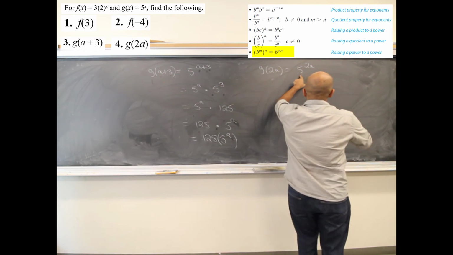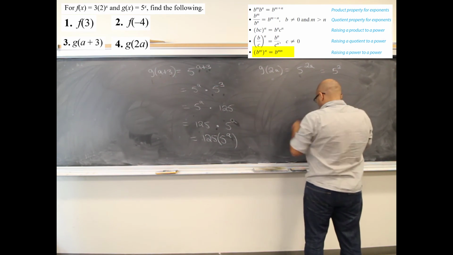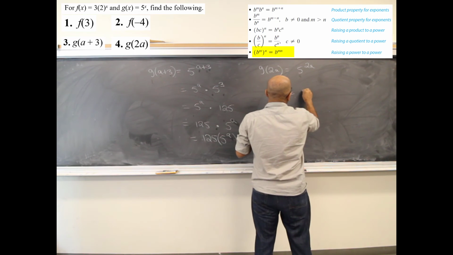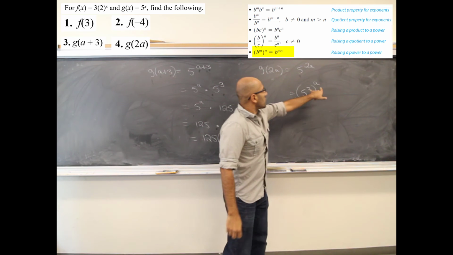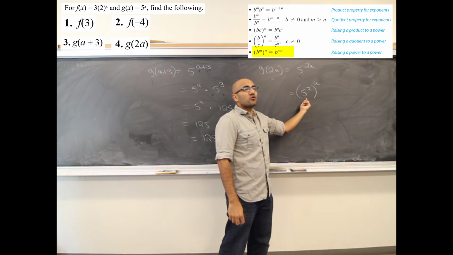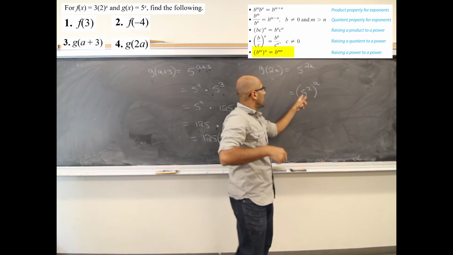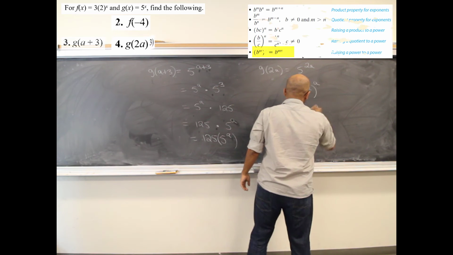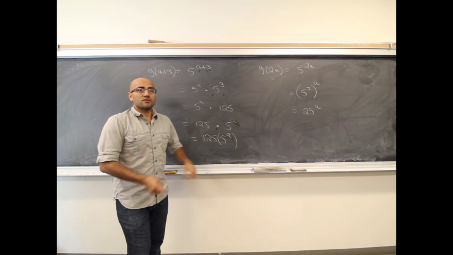So I could rewrite this as 5 raised to the power of 2, and the whole thing raised to the power of a. 5 squared raised to the power of a. Right? Because our rule tells us that if we have an exponential number raised to another exponent, we multiply the exponents. But in this case, we want to write it this way so that we can express it like that. Good? Any questions?